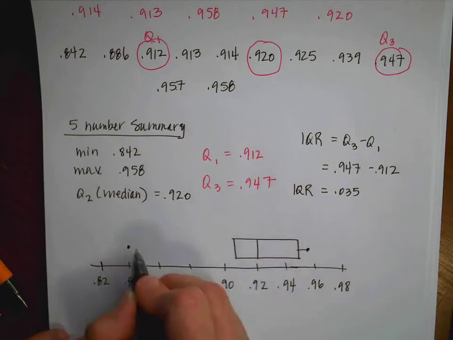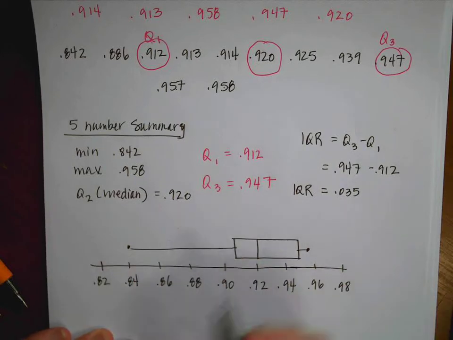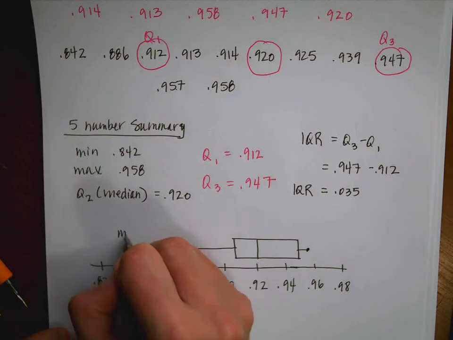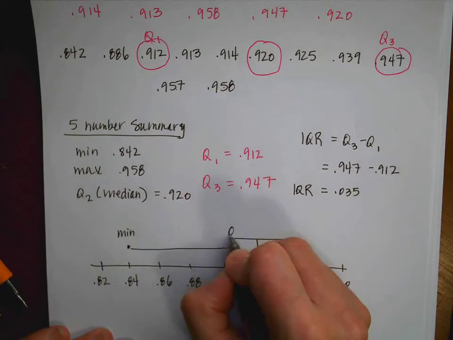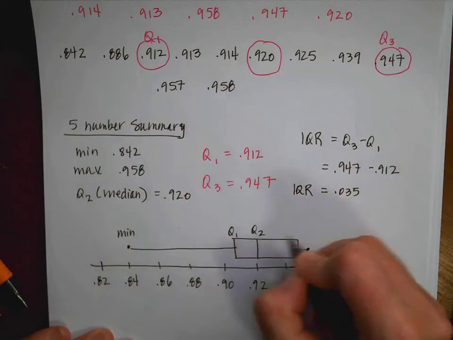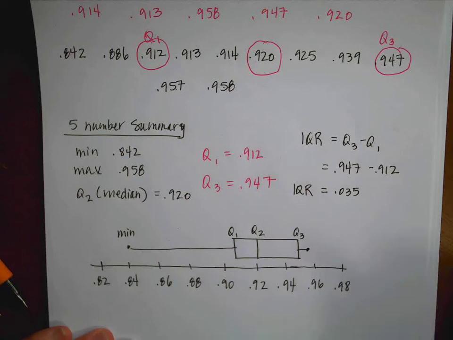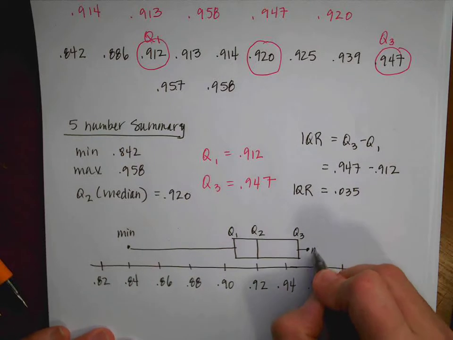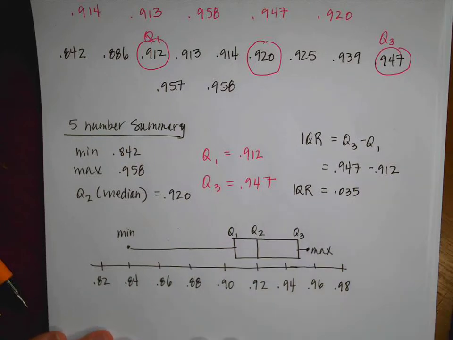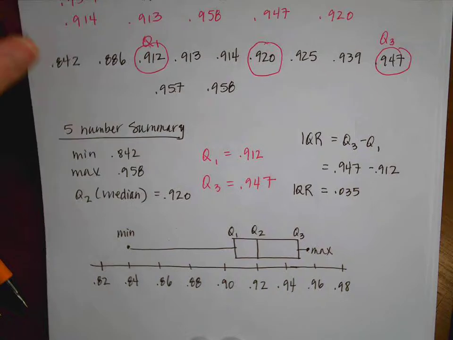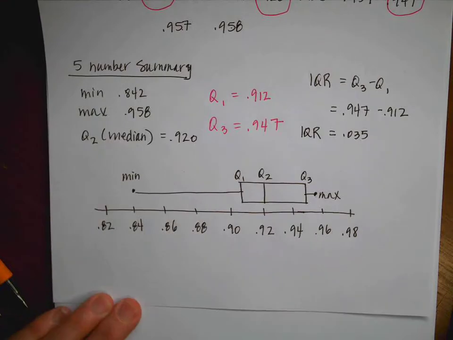I'm going to put it right there. And then I'm going to draw the top of the box, and then I'm going to draw the whiskers, okay? So this, if you'll remember, was my minimum. This was Q1, Q2, Q3, and then I had my maximum right here.